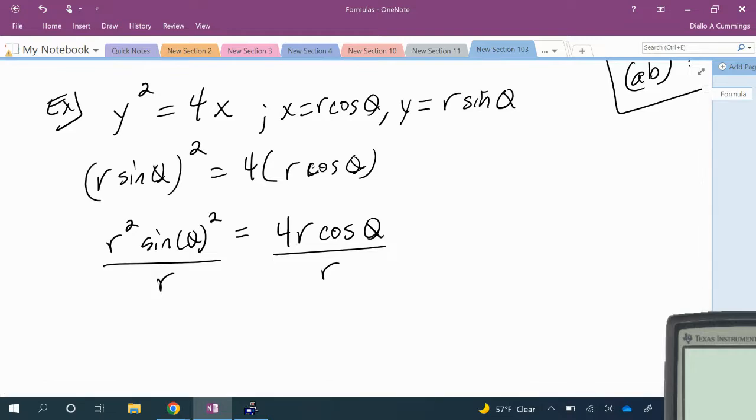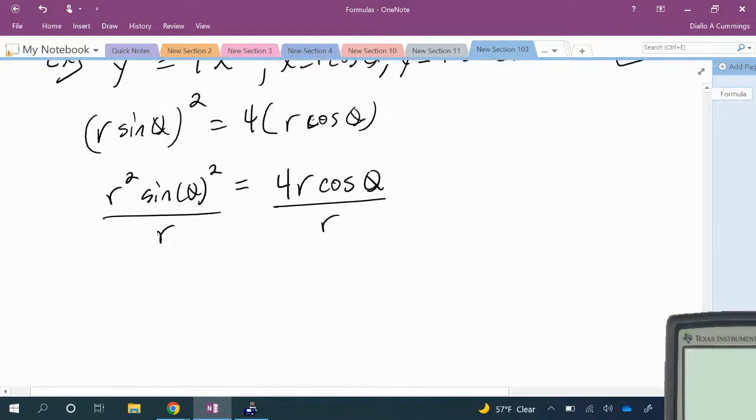When we divide the left-hand side by r, we get a reduction, because r squared divided by r gives us r. This r is going to cancel out one of the r's in the numerator. So on the left-hand side, we now have r times the sine of theta.